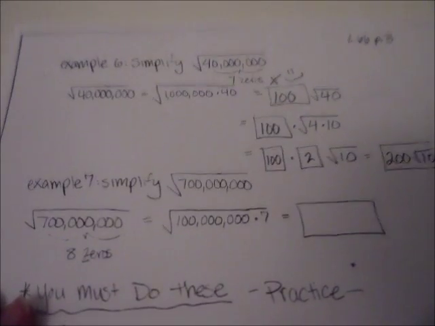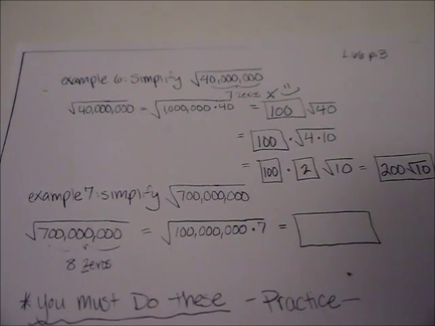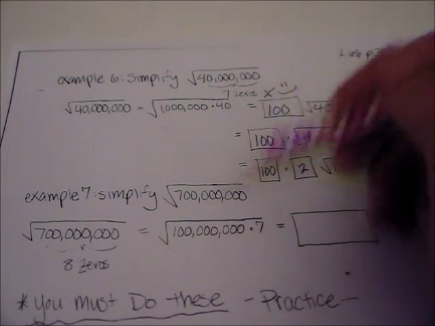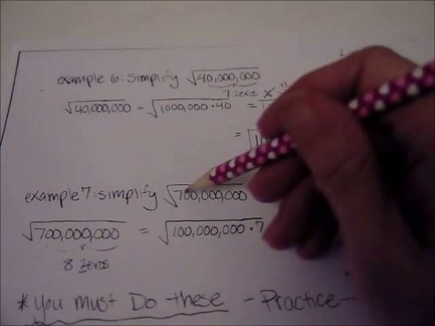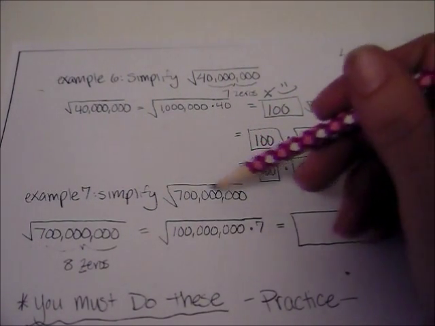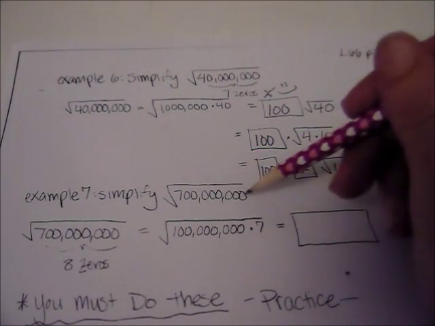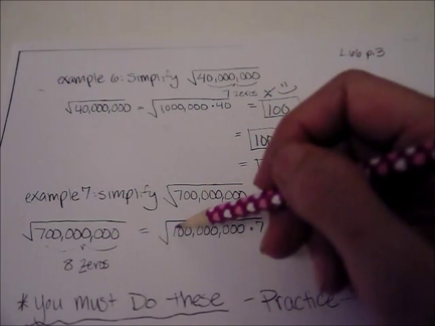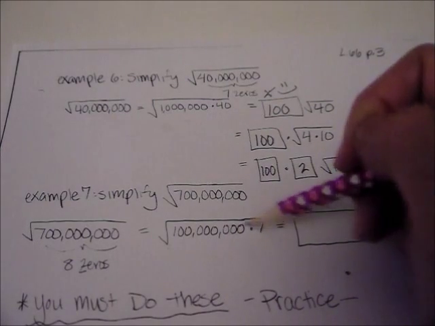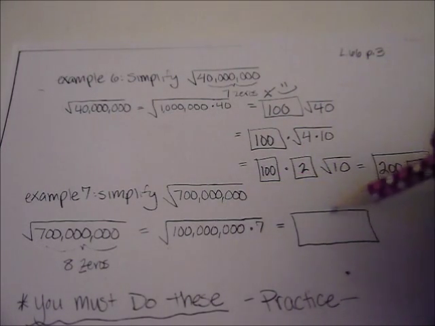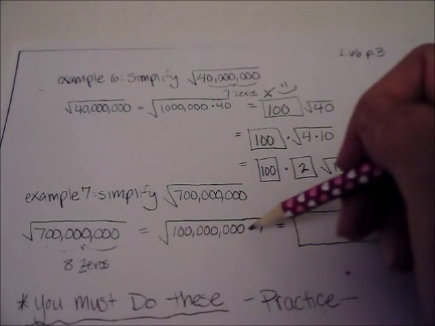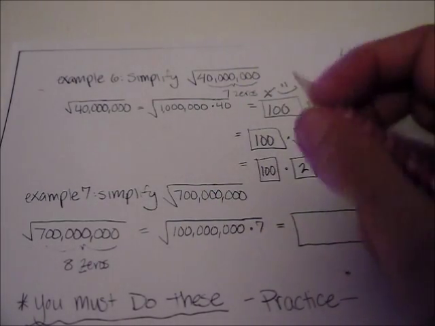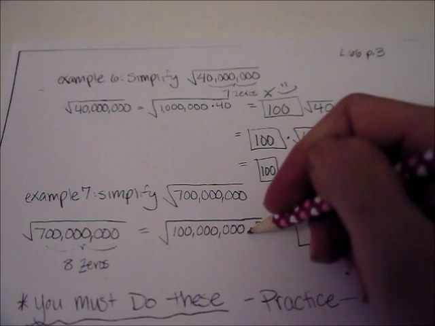Okay, now we are on to, oh no, maybe. I thought they would give us another odd number one, but let's see. 8 zeros. So anytime we've got an even number of zeros, we're lucky. 8 zeros, there it is. So that's just 100 million times 7. And I don't know how you don't get to use a calculator, so how do you know what the square root of 100 million is?